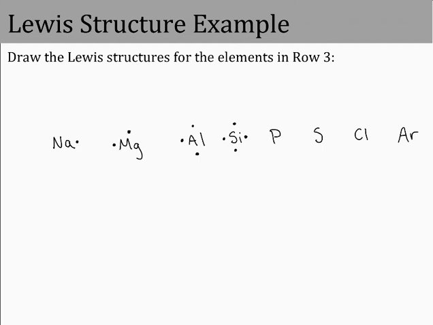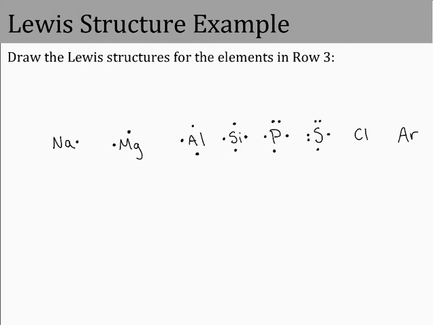And then phosphorus has five valence electrons. So I'm going to just kind of work my way clockwise. 1, 2, 3, 4, and then the fifth one pairs up with one of the other electrons. And then sulfur's in group 6A, so it has six valence electrons. So I'm just going to go clockwise, and now I need two more electrons, so I'm just going to pair them up with two of the other electrons.